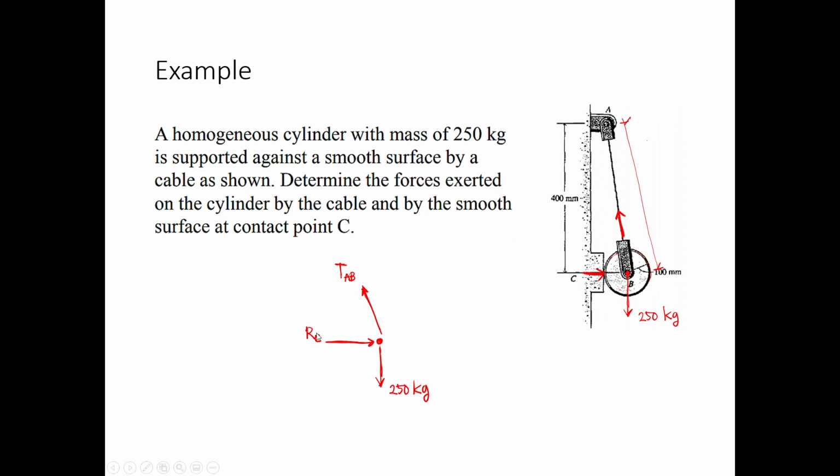Or if you don't want R sub C, for you not to be confused, you can convert this one into H, meaning the horizontal component of C, or C sub H to avoid confusion. So C and then its horizontal component, C sub H. Okay, so this is your force system.